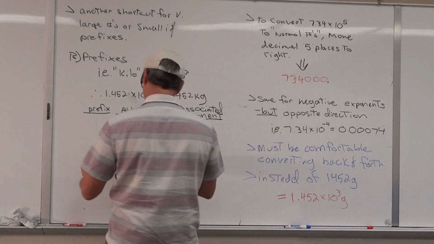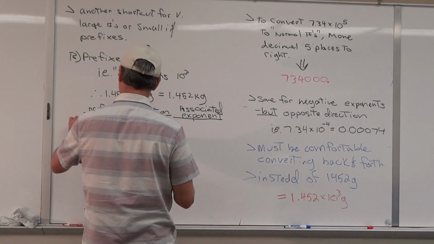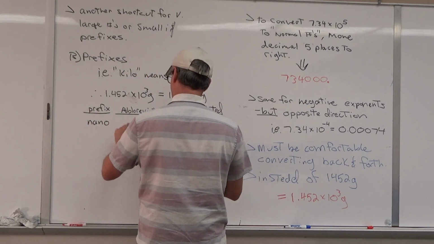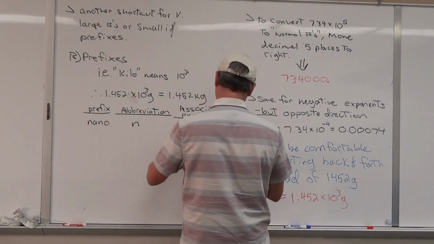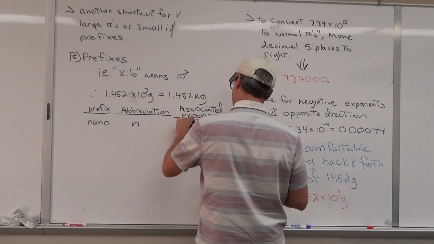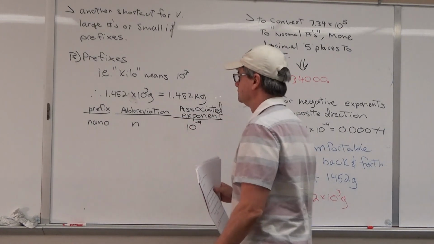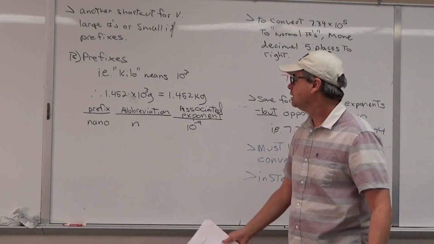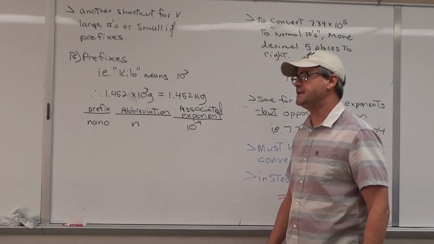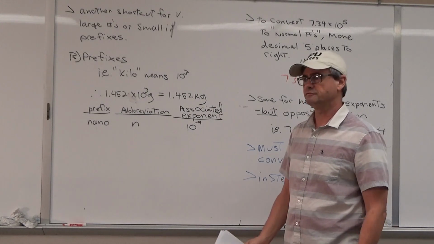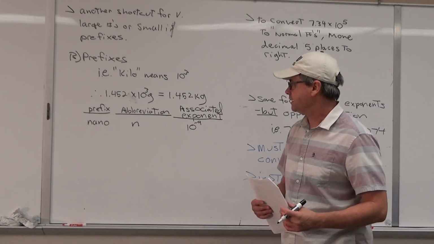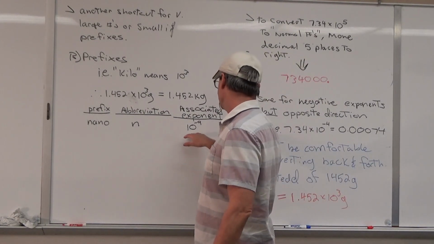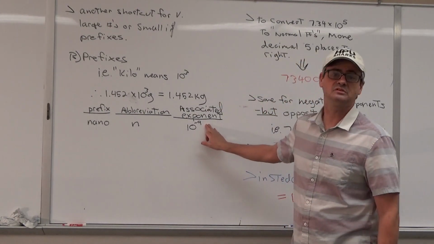There's nano, which is a lowercase n, and that is 10 to the negative 9. So if you said you had 10 nanograms of some compound, what that actually means is 10 times 10 to the negative 9 grams.